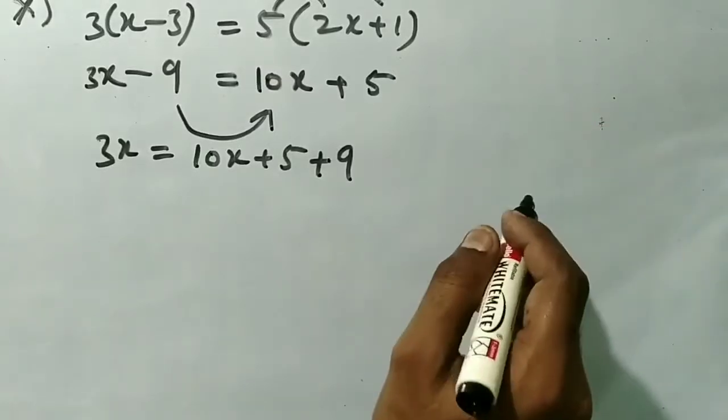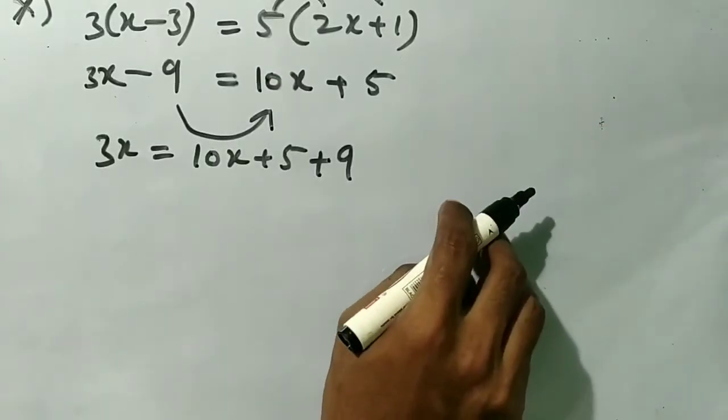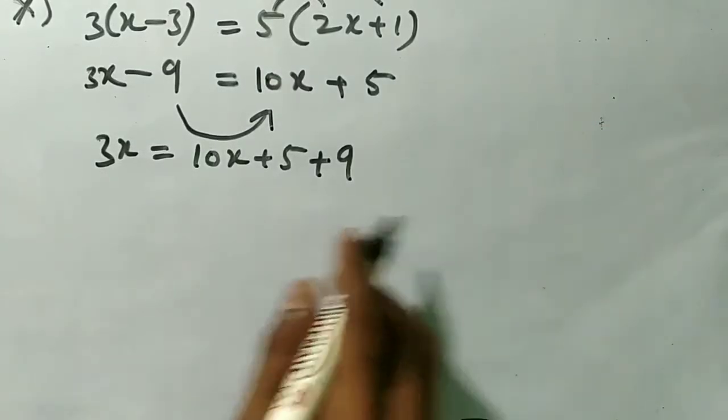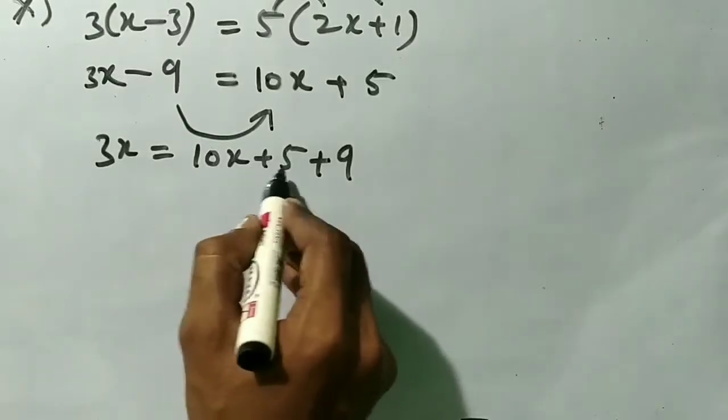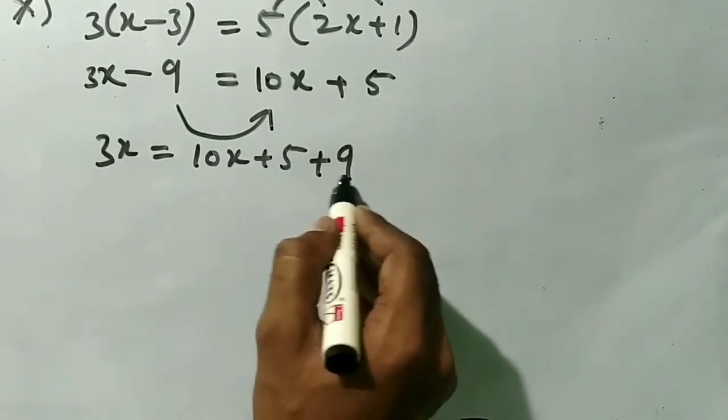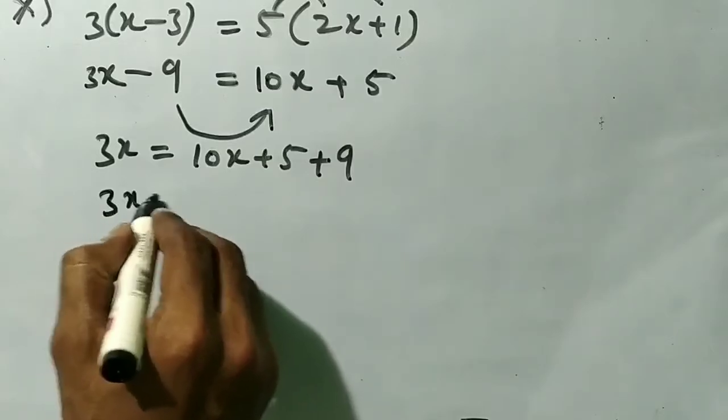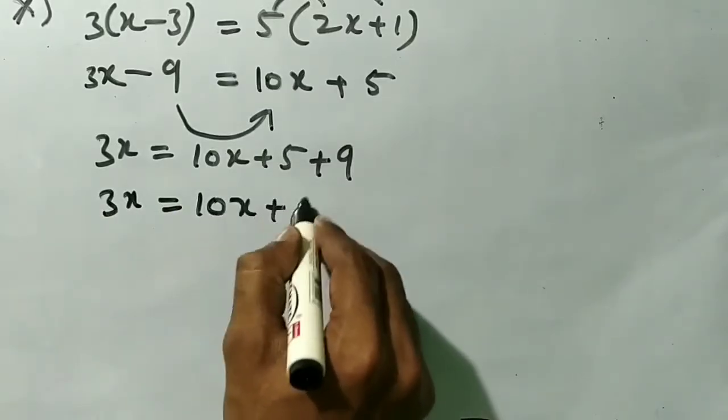We have to remember all these 4 conditions of transforming quantities. 5 plus 9 is equal to 14. So 3x is equal to 10x plus 14.